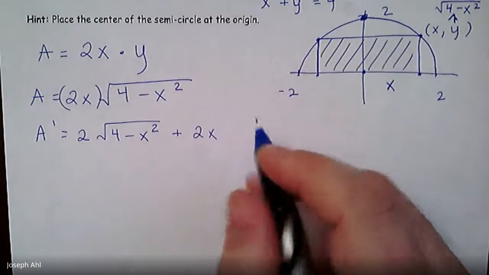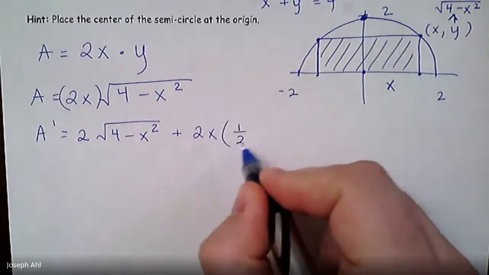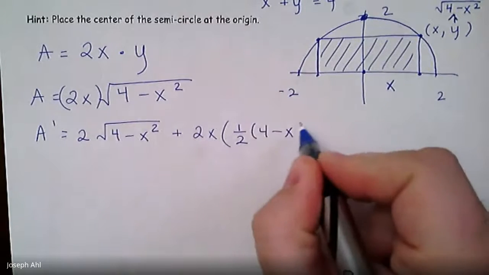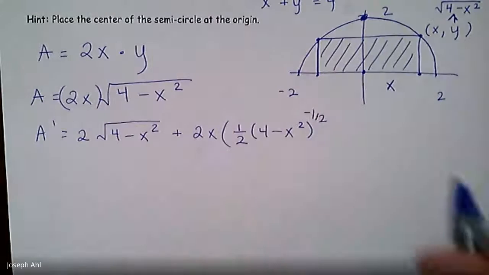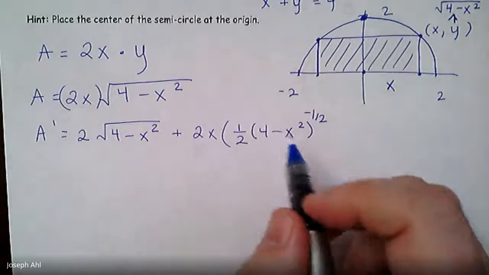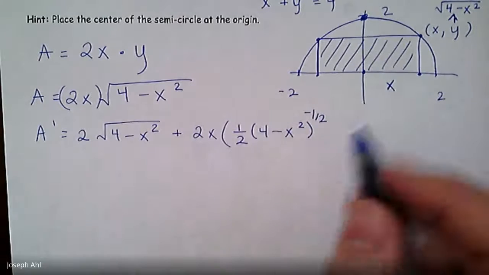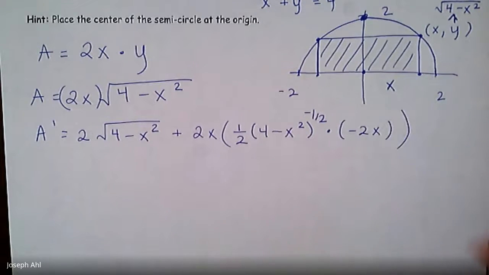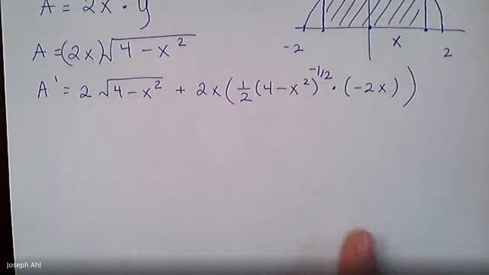If we use the chain rule here, we're going to bring that exponent of 1/2 out front. So it's 1/2 of 4 minus x squared to the negative 1/2 power. Don't forget to take the derivative of the inside, so times negative 2x. All right, so that's the derivative.